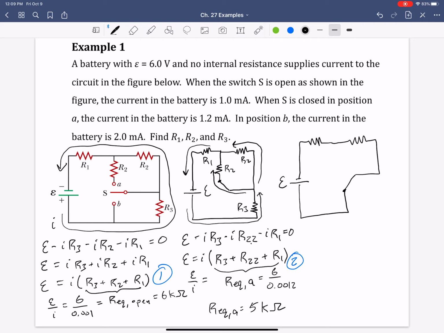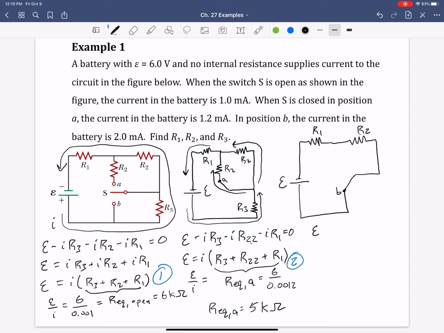So when the switch is closed at position B, the current just goes whoop, and it misses R3 altogether. And so what we have is simply R2 and R1. That's position B, and that's A, I guess. So this is slightly easier.